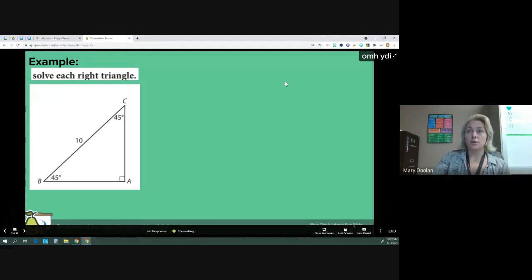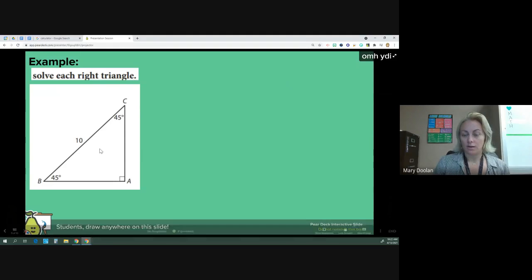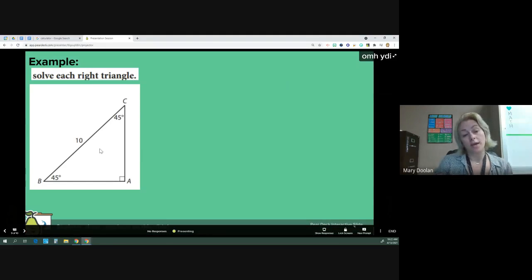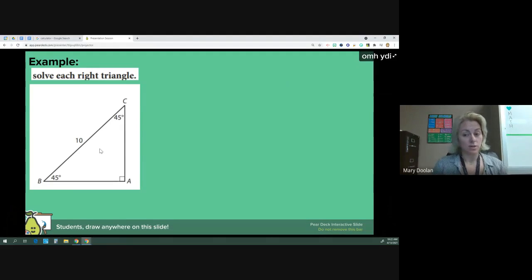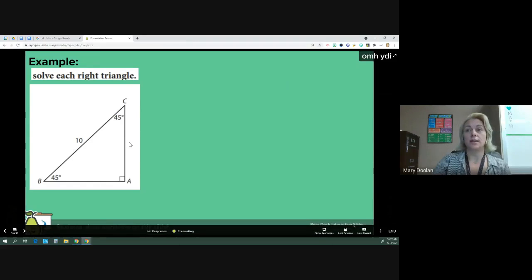Okay, so if you take a look at this right triangle, the 2 acute angles are given, and they are both 45 degrees. So right there, I know that this is an isosceles right triangle. In an isosceles right triangle, these 2 leg lengths will be the same measure.